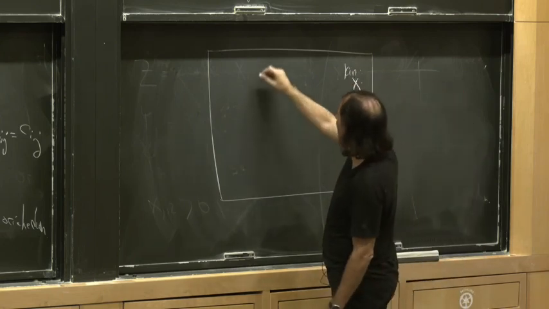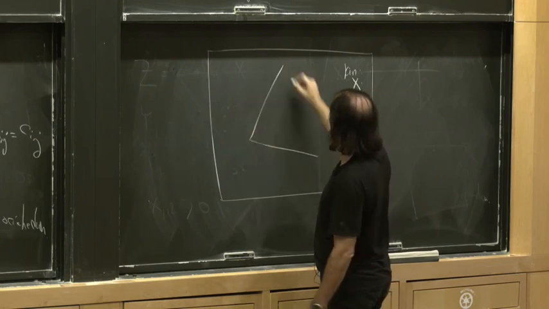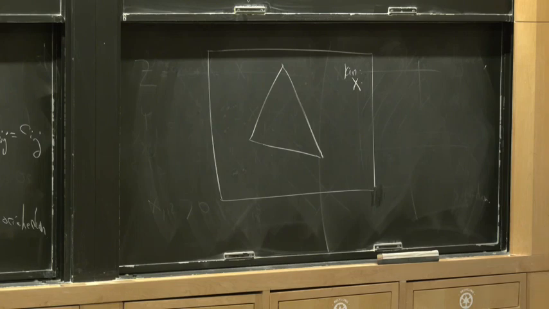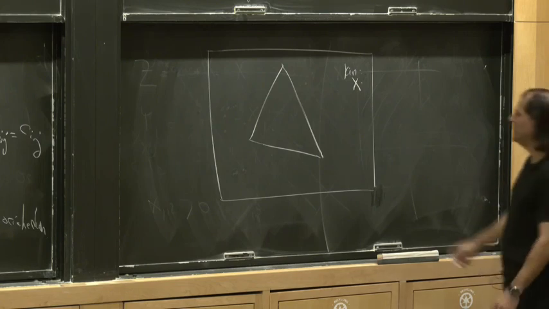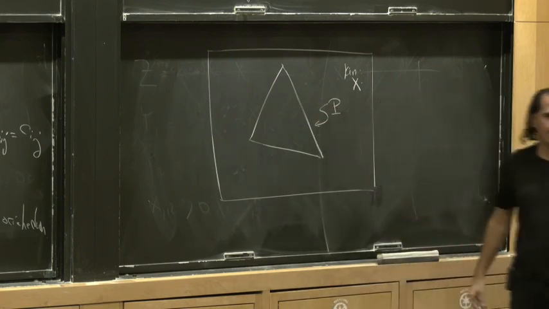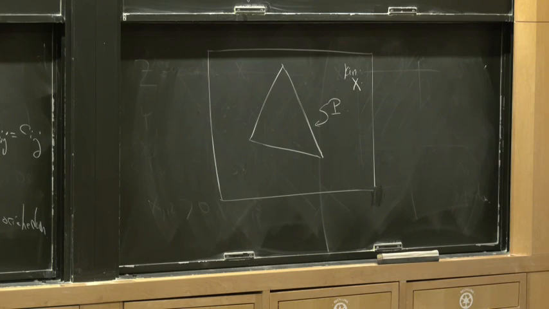In X space, I have a positive region that I won't even draw in a curvy way because it's not curvy. I have a positive region which is just where all the x's are positive. So it's like a simplex. So this is P.